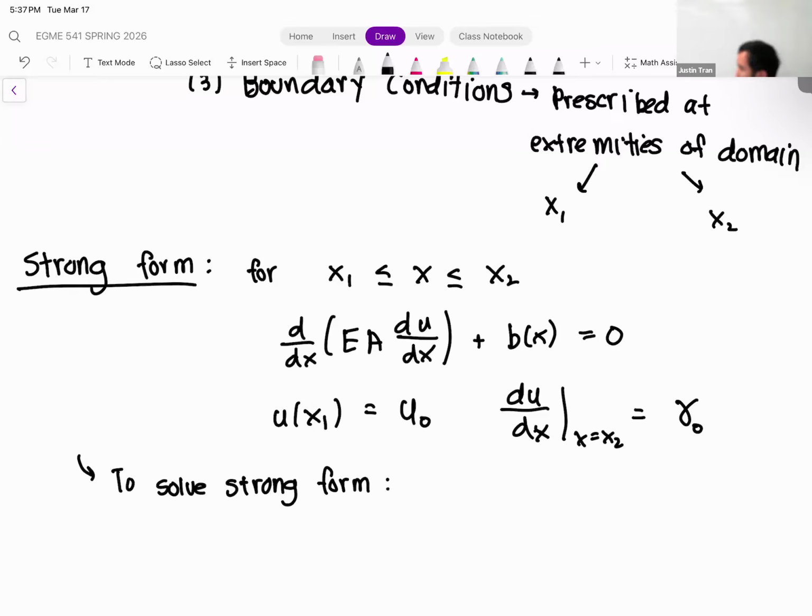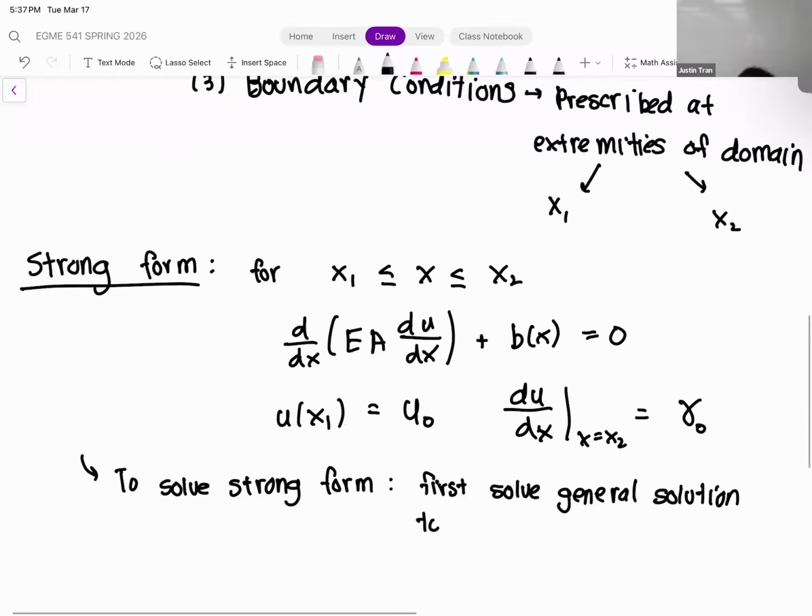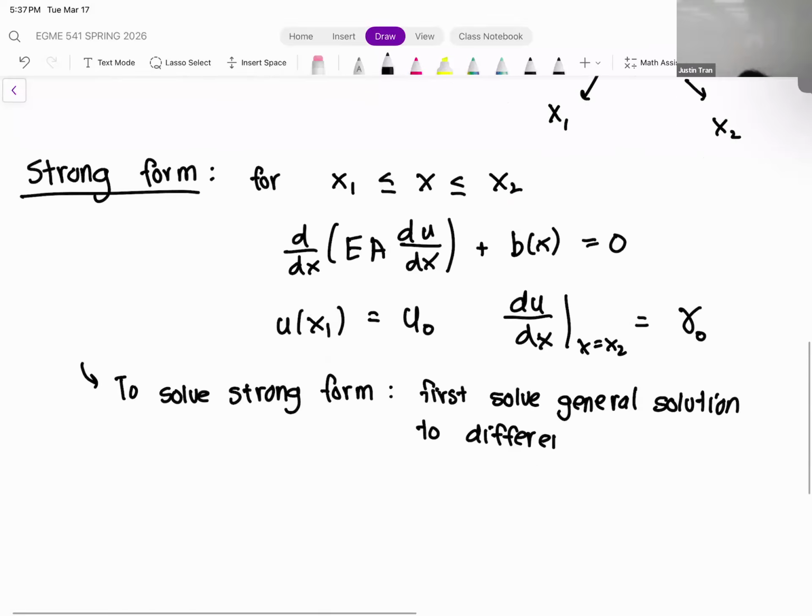Okay. So to solve the strong form, you first solve a general solution for the differential equation. Right, so that's traditionally how you learn to solve differential equations back from your math class or your engineering analysis class.